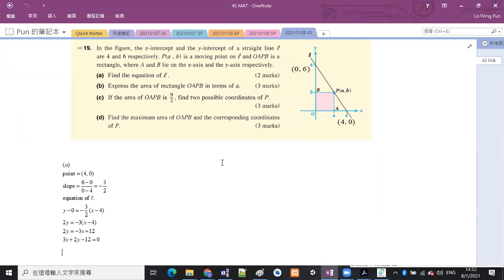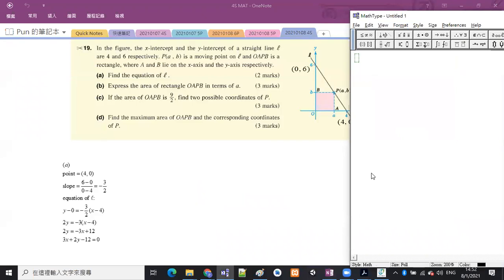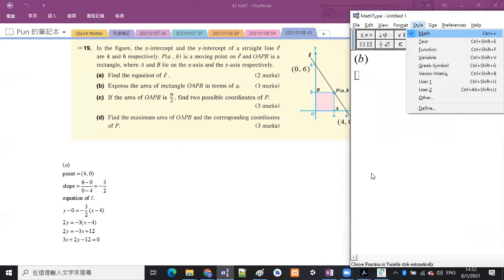How can we eliminate an unknown? It means expressing it in terms of the other one. A and B should satisfy some equation. What is it? I immediately think of this: point P is a point lying on the line L, right? Which means that the coordinates of point P should satisfy the equation of the line L. Okay, so we need to put the coordinates of P into the equation of L first.